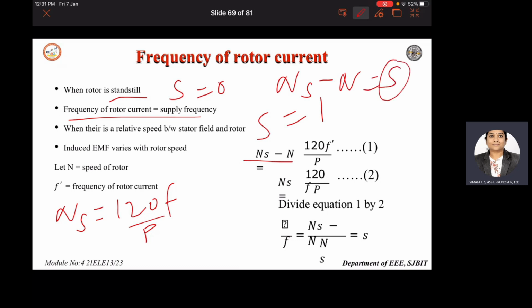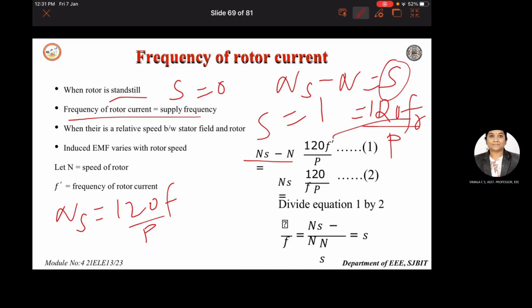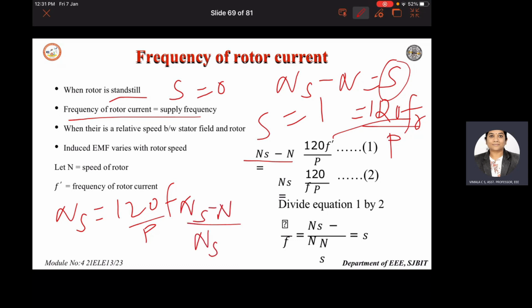That is the slip of the rotor frequency, where the rotor frequency Fr, or F dash, gives Ns as 120 Fr by P. If you equate the equations for Ns and N, what we get is the slip is equal to 120 Fr by P divided by 120 F by P.